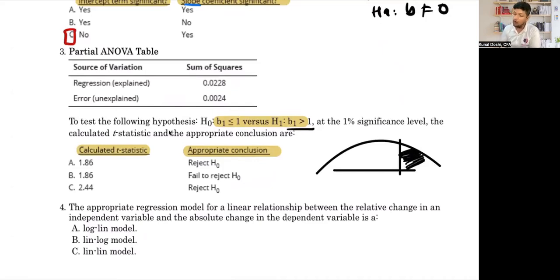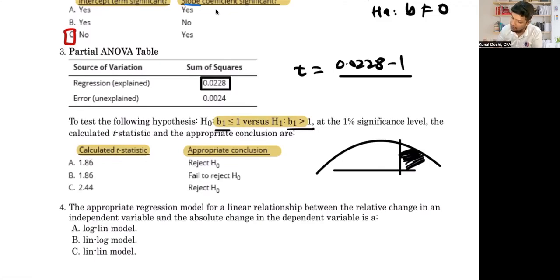Now, how do I calculate my value? To calculate the value, here you will use again the formula. What is the formula? The T statistic: you take the estimated B1, this value, 0.0228, minus the target, which is now 1, divided by the standard error, 0.0024.